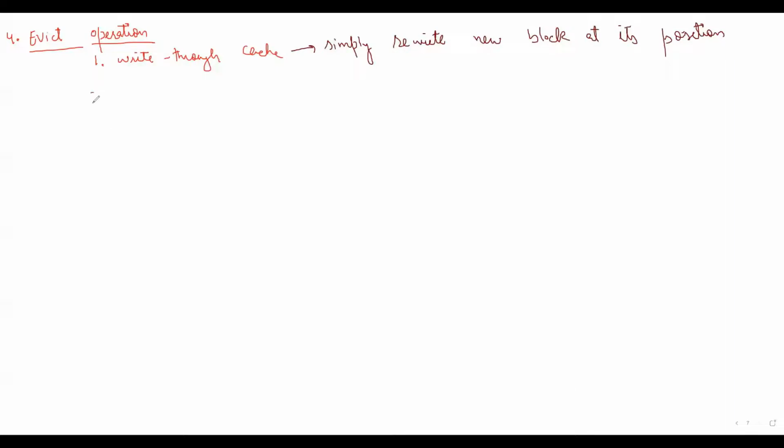But the issue is with the write back cache. In the write back cache, if we have to evict any cache line, or we can say cache block, it is one and the same thing, what we do is we first check its modified bit. If the modified bit is 0, do nothing, just replace.